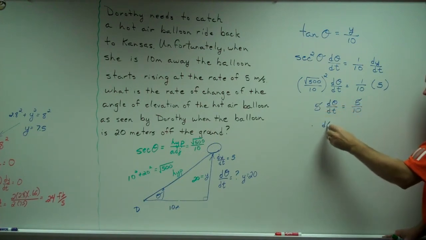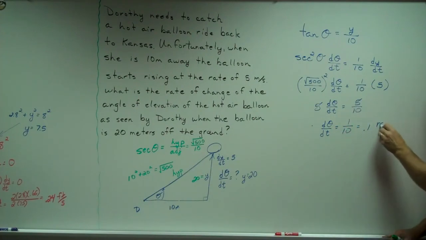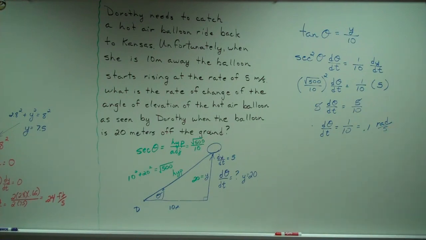Go away. d theta dt is 1/10 or 0.1 radians per second. Don't find the actual angle. Use the right triangle trig.